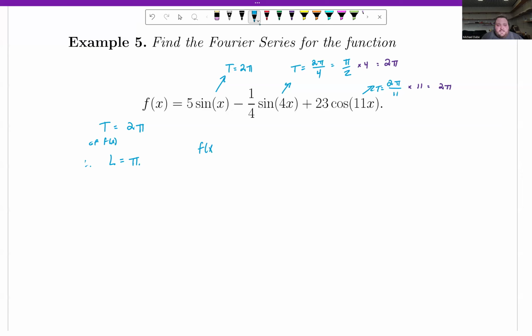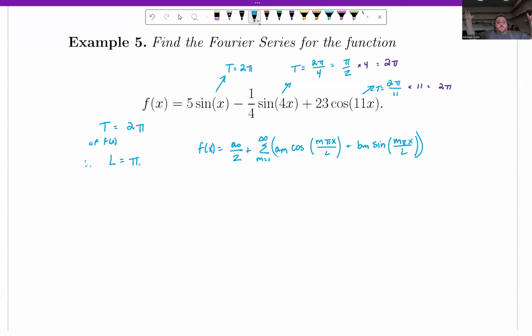We have f of x is equal to a naught by 2 plus the sum from m equals 1 to infinity of a_m cos m pi x over L plus b_m sine of m pi x over L in brackets here. Okay, good. We have this.